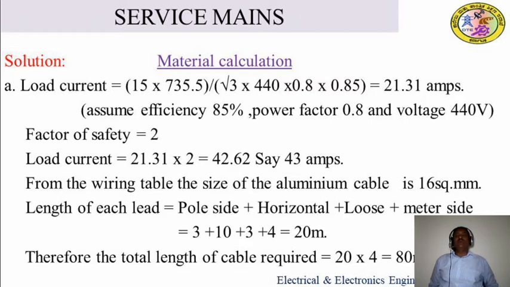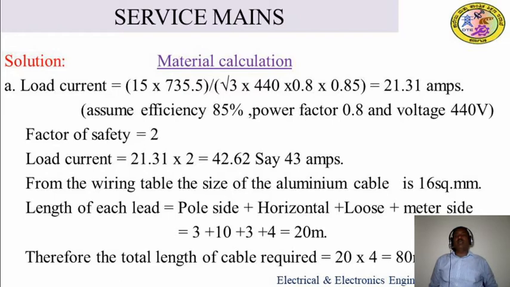Why have I taken the efficiency in the denominator? As per our calculation, the efficiency is equal to output power divided by input power. The output power is already given as 15 HP. The input power is root 3 V into I into cos phi.